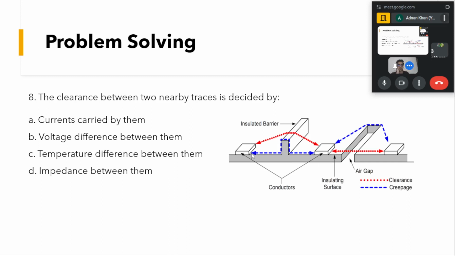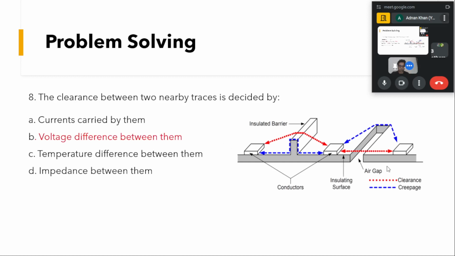So this clearance is usually determined by the voltage level between these different traces, conductors, paths or connectors. So the option for this is voltage difference between them.